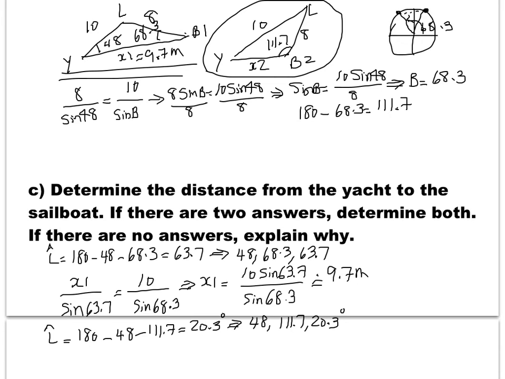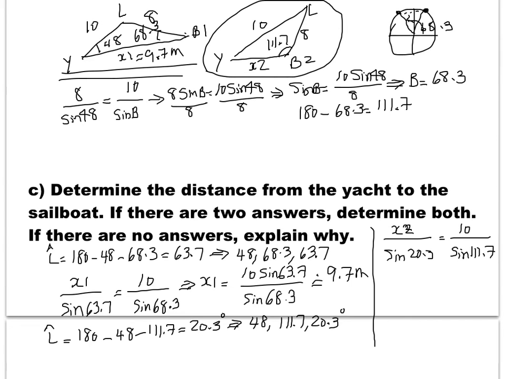Now we are going to use the same idea. We are going to use the sine law, and the sine law for this case we are going to use x2 over the sine of the angle in front of it, which is sine 20.3, is equal to 10 divided by sine of 111.7 degrees.